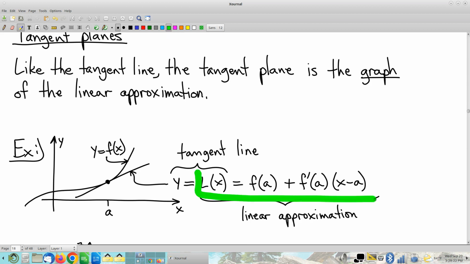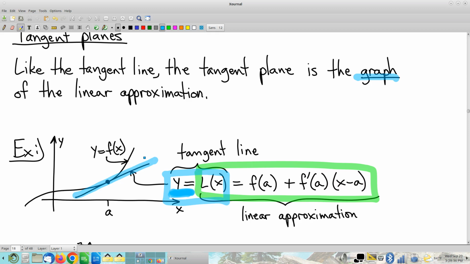conflate a function such as a linear approximation with the graph of the function. The graph of the function is this different thing. In this case, the graph of the linear approximation is a tangent line. Now, in Calc 1 classes, it's just kind of routine for people to refer to the tangent line as being the linear approximation, right?